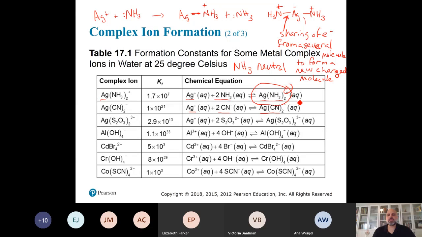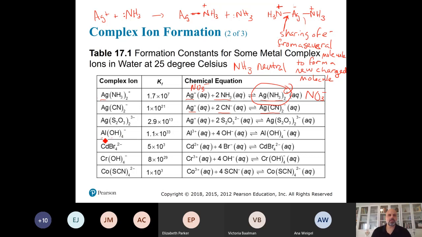Let's say this was silver nitrate, so there's still a nitrate ion floating around in solution. We've created a new positively charged ion that's a counter ion to the nitrate. There are numerous varieties of complex ions that can be formed.